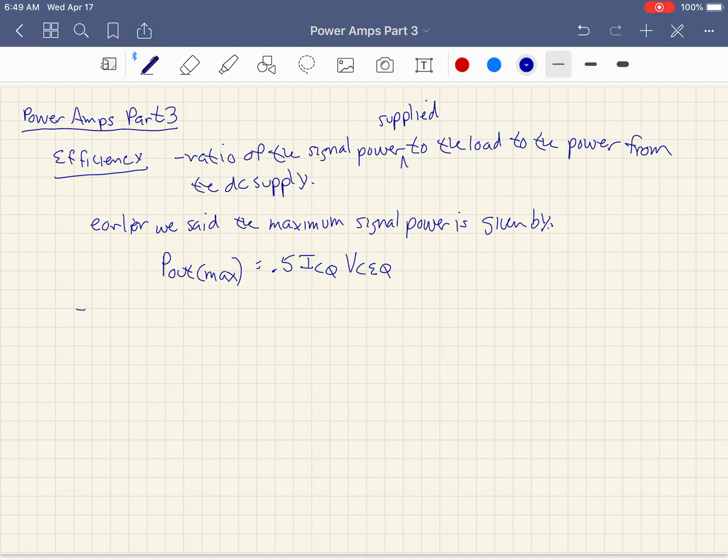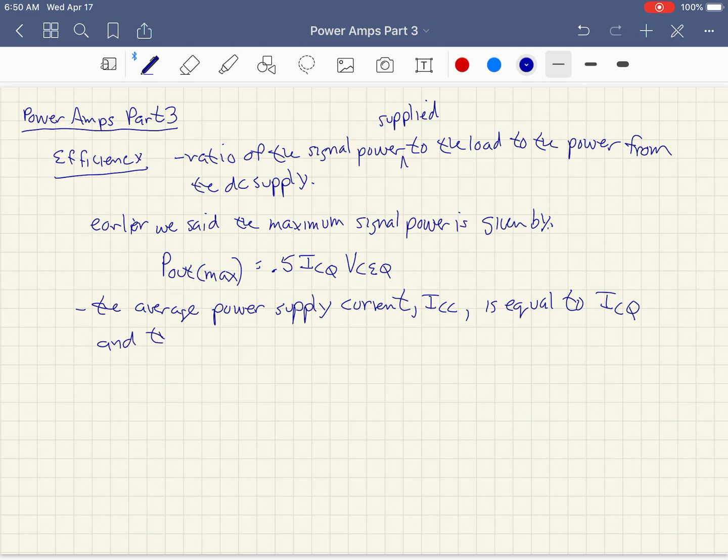So the average power supply current, and we've been calling that ICC, again that's the DC power supply current, is equal to ICQ, and the supply voltage is at least 2 VCEQ.